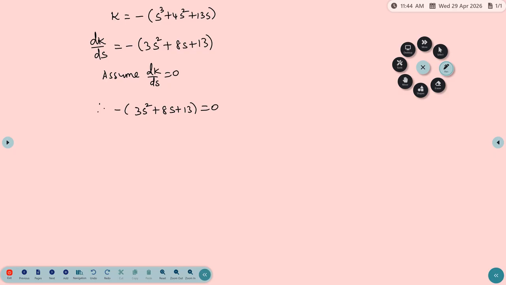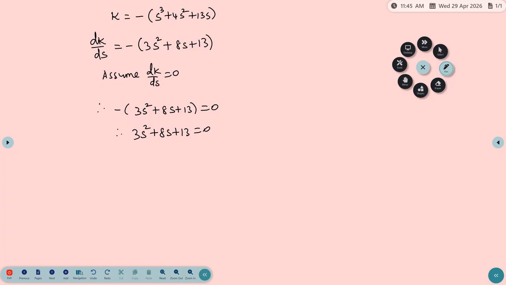Since on the right hand side we have 0, we can write 3s square plus 8s plus 13 equal to 0. We can cancel this minus. Now we need to identify the roots of this particular equation.